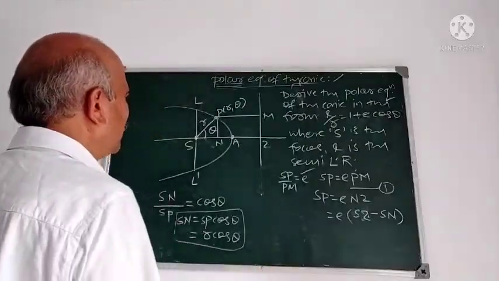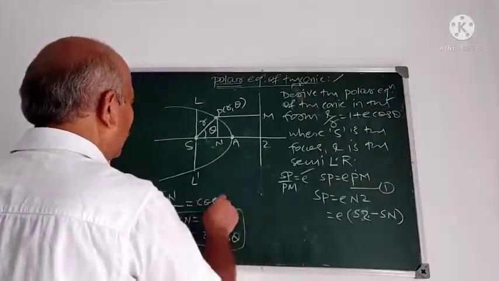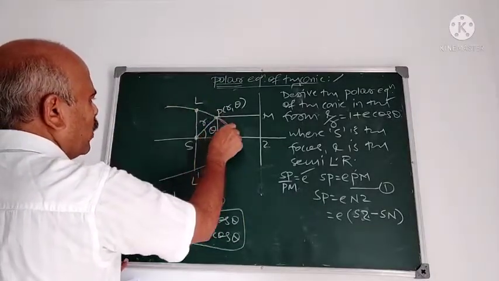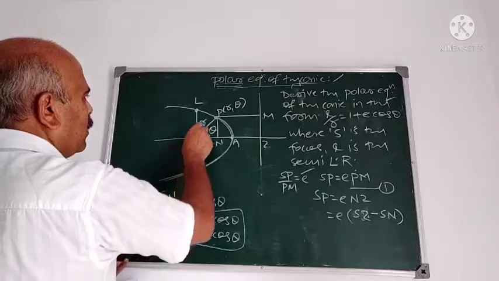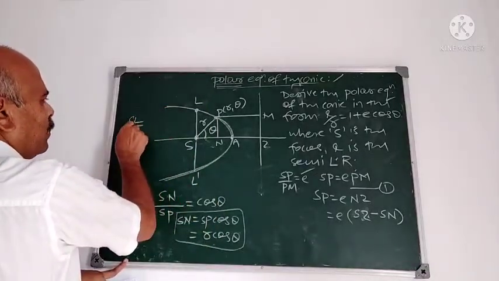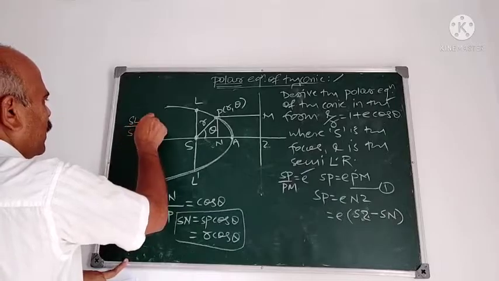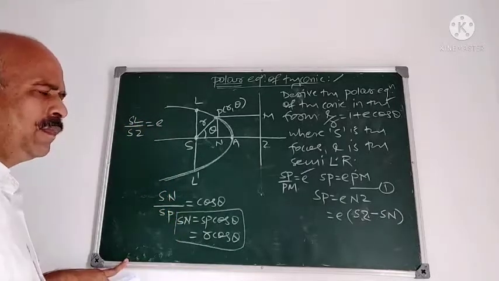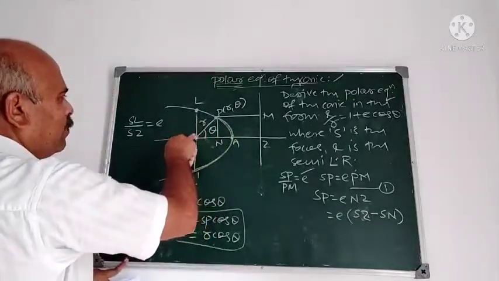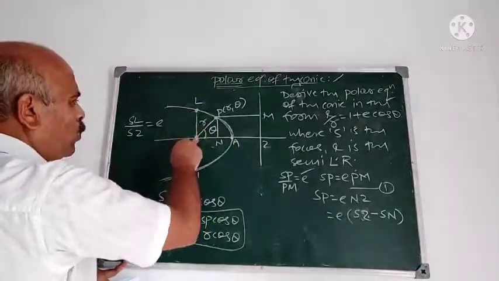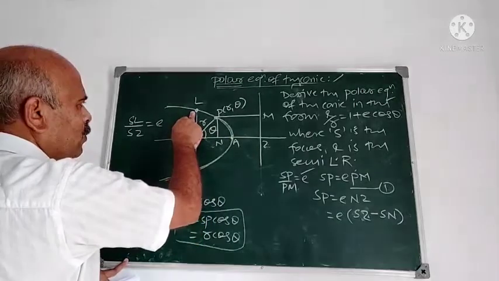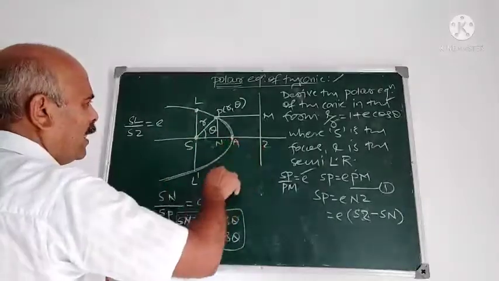To find SZ, I take this one. What is L here? It is also a point on the conic. Therefore, can I write SL upon SZ is also E? SL is the distance of the point from the focus, and SZ is the perpendicular distance of the same point L from the directrix.